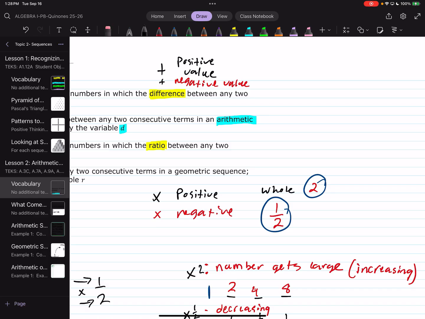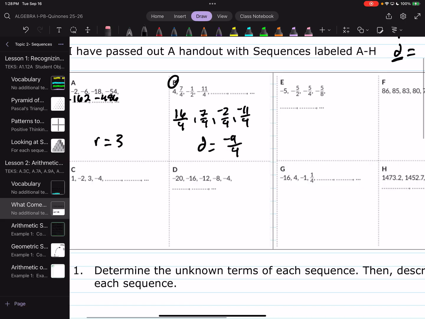If you're thrown off by me saying it's negative 9 over 4, that's the difference, it's because you forgot that we can only add numbers. We can't subtract in a sequence when we're trying to find the next term. So yes, this is the answer. Can I answer questions about this one?